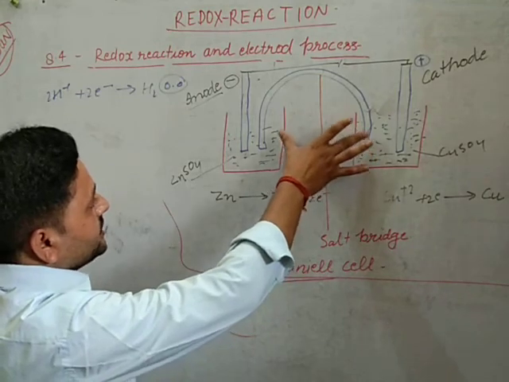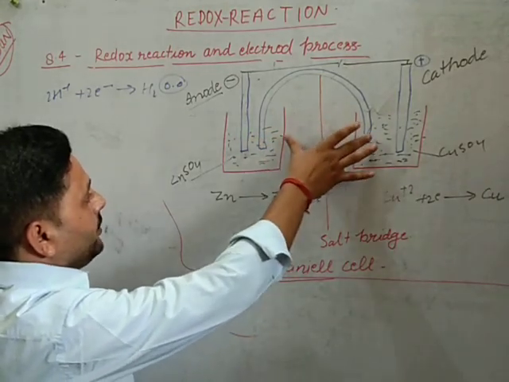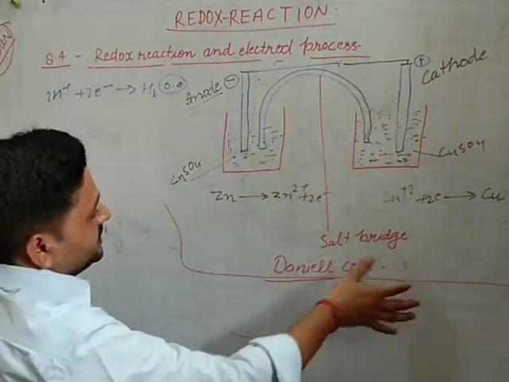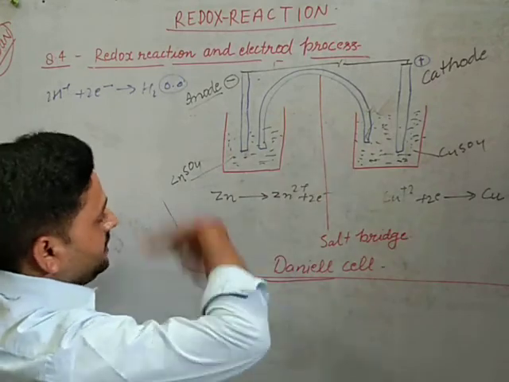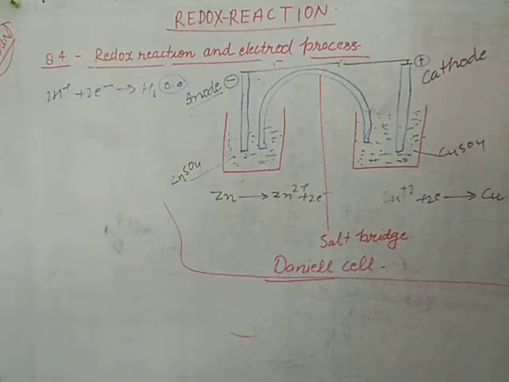If we do not use it, the ions cannot be balanced. This is the structure of the Daniell cell, and we use the salt bridge to balance the ions in the half cells.